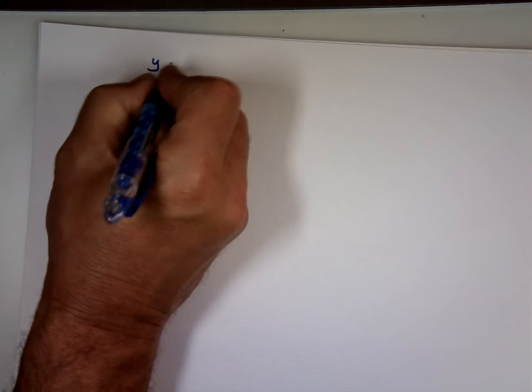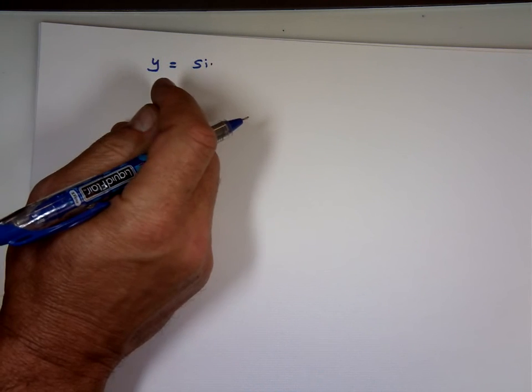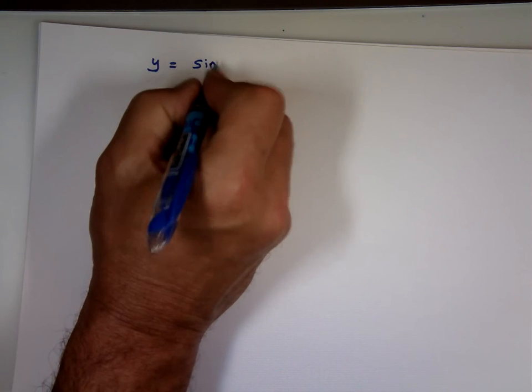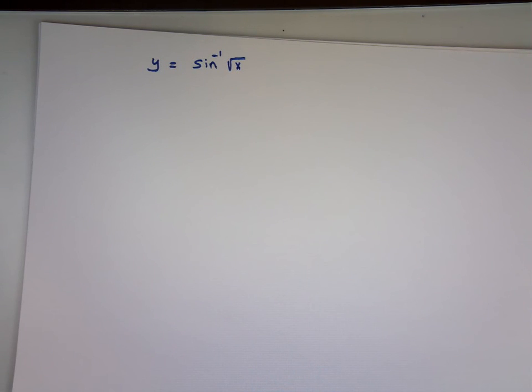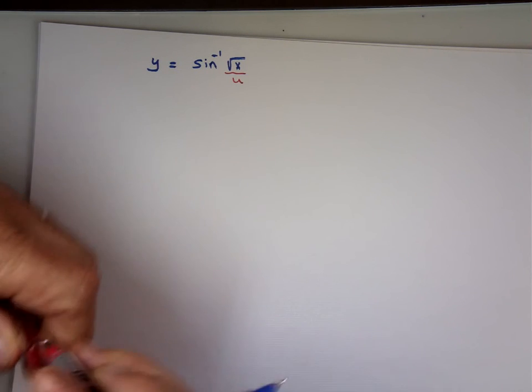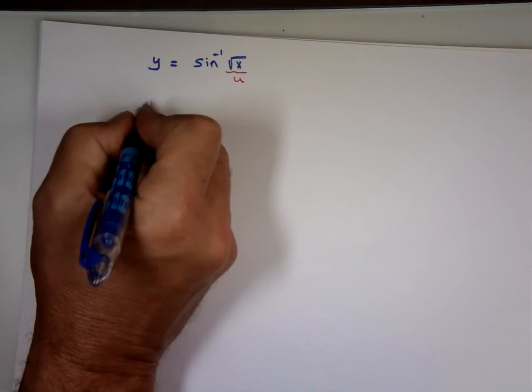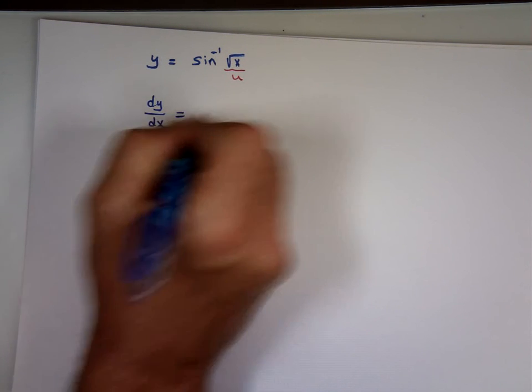Y equals the inverse sine, not the inverse sine, let's pick something different. I'll do the inverse sine of the square root of x. Again, this is u. The derivative of that is u prime over what?